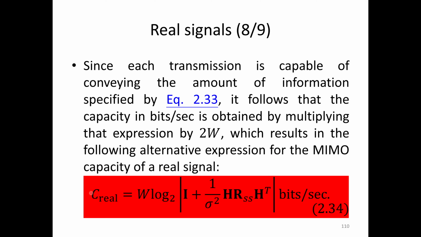We can see that C real is equal to W times log 2 of the determinant of I plus 1 over sigma squared times H RSS H transpose bits per second.